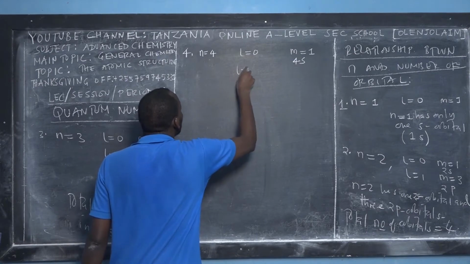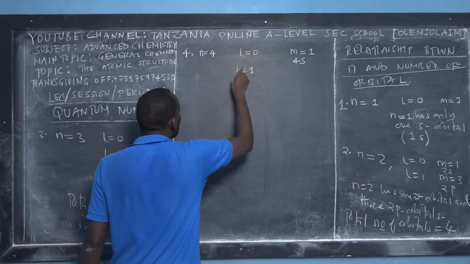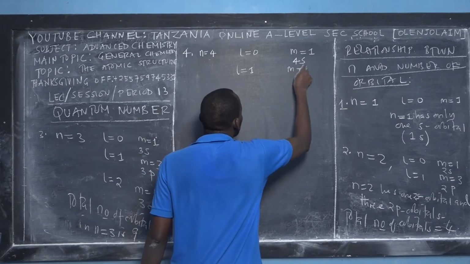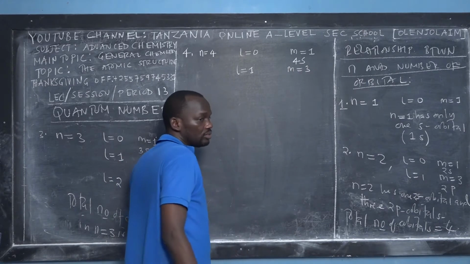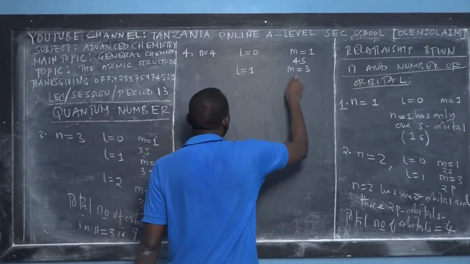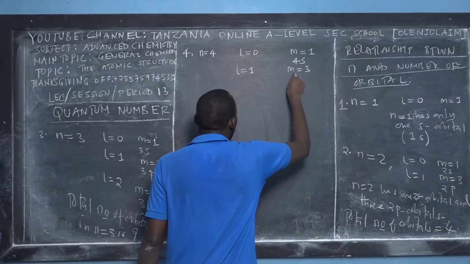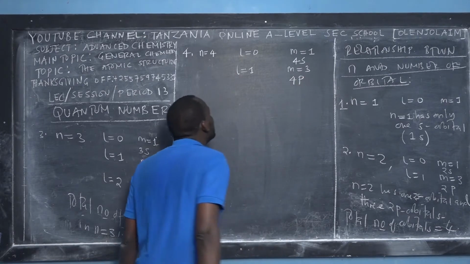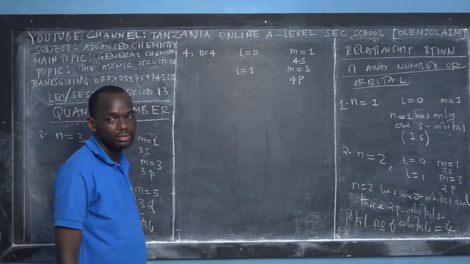The second subsidiary quantum number is L equal to 1, so the magnetic quantum number is 3: 3 orbitals of the p subenergy level. As I told you in lecture 12 about this coefficient, we write it in electronic configurations as 4p.